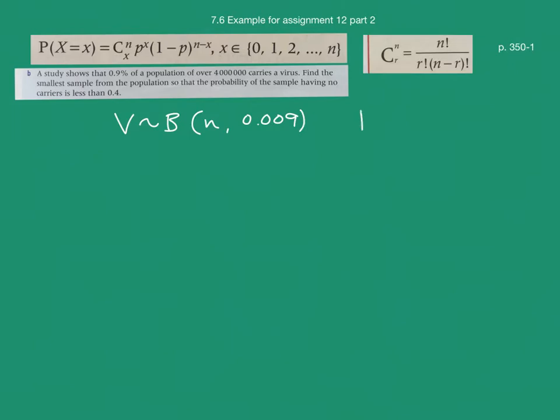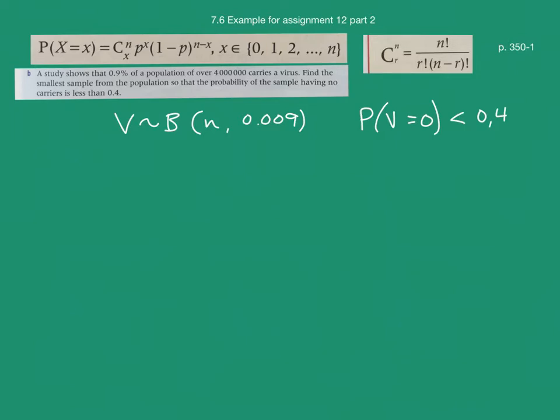And we also know that the probability that virus carriers is equal to 0, we want that to be lower than 40%.